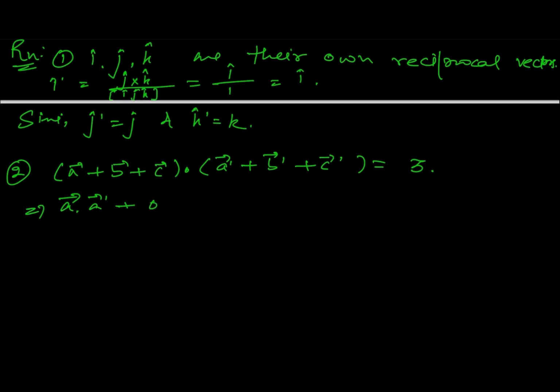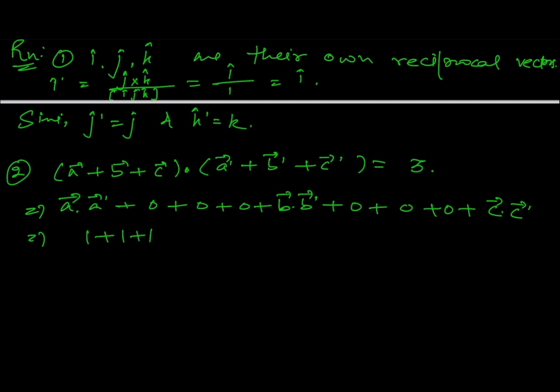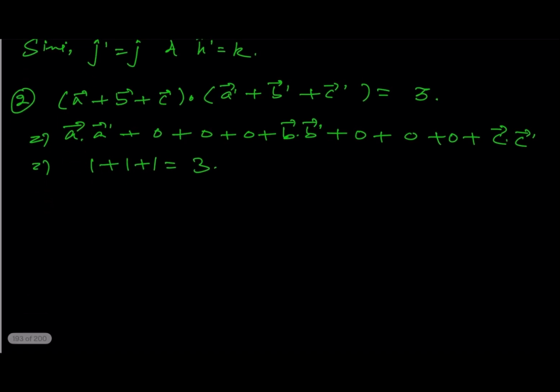So this will be 0 plus 0 plus 0 plus B dot B dash plus 0 plus 0 plus 0 plus C dot C dash, which is 1 plus 1 plus 1, 3.